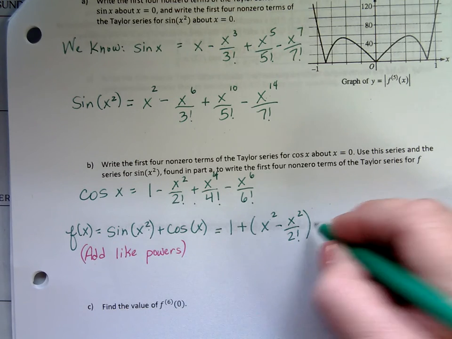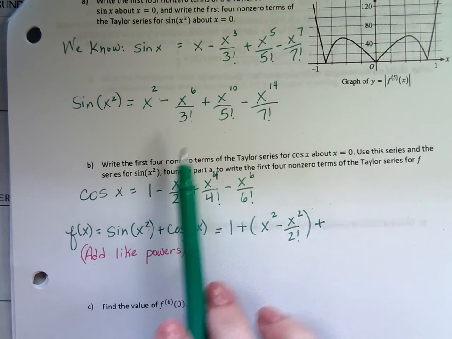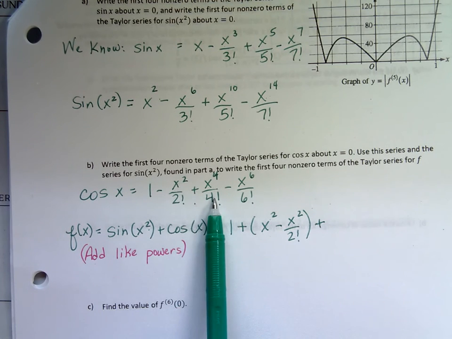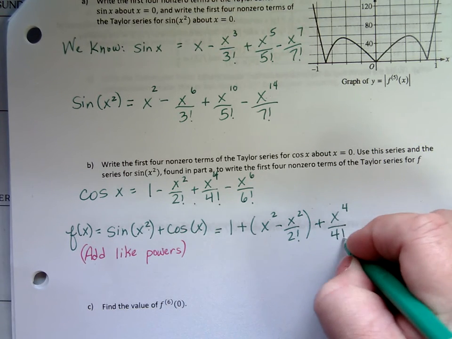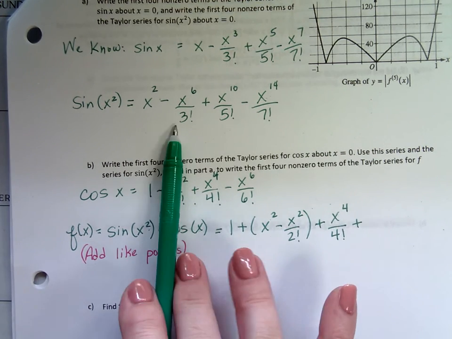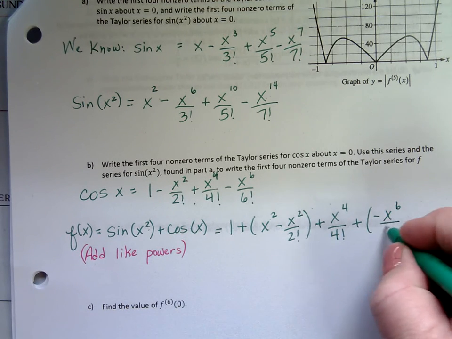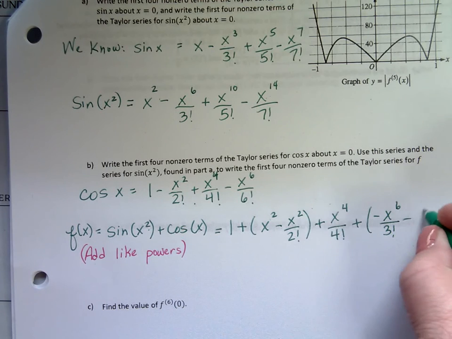Next one, I'm going to start with a plus because I'm trying to add them up. I have an x to the 6th, but I also have an x to the 4th, but I only have a singleton of that. So he doesn't have any partner to be added with. But I do have partners on the 6th powered guys. I have a negative x to the 6th over 3 factorial, and I have a negative x to the 6th over 6 factorial.